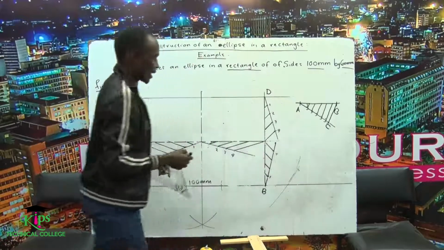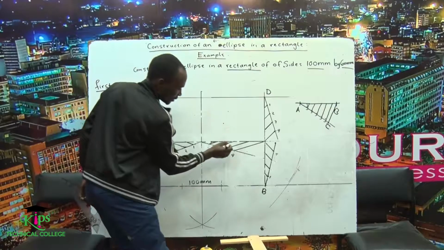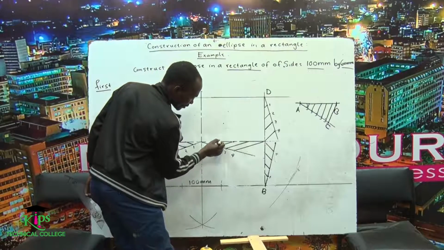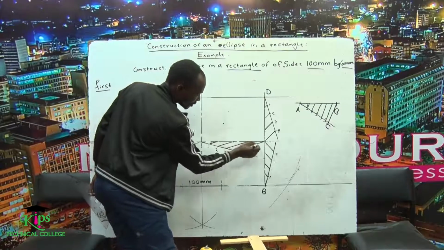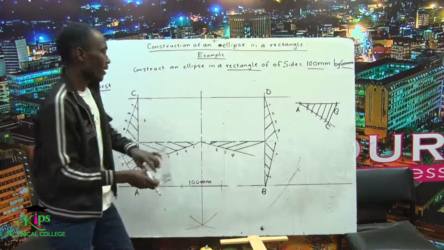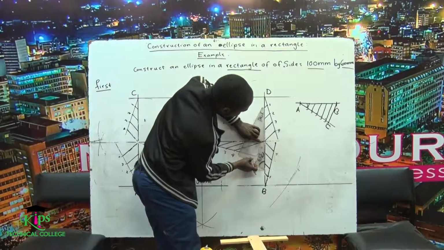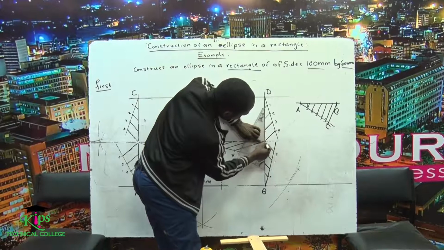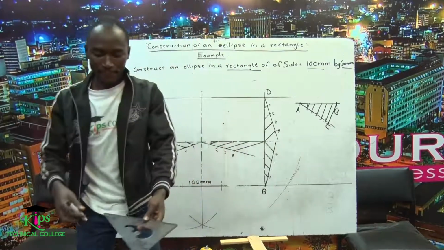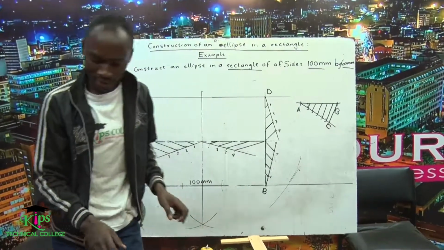So you can see that I have subdivided this line into equal parts. It has also got 4 points each. After that, now it is easy.